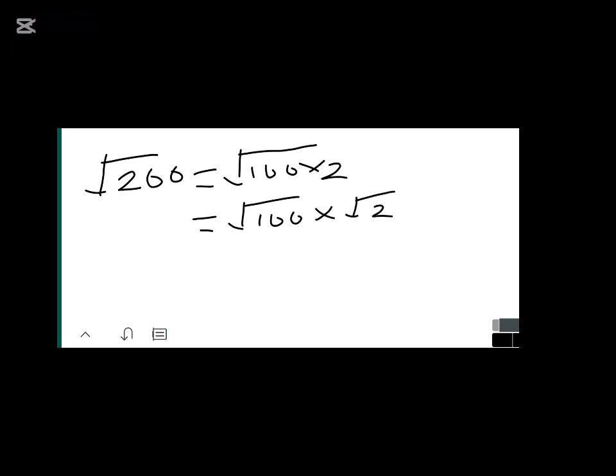Square root of 100 is a perfect square, so we can reduce that one, but square root of 2 can only be reduced into decimals, and we are not interested in decimals. So the square root of 100, we know, gives us 10, multiplying square root of 2. So our final answer is 10 root 2. That's square root of 200 giving us 10 root 2.